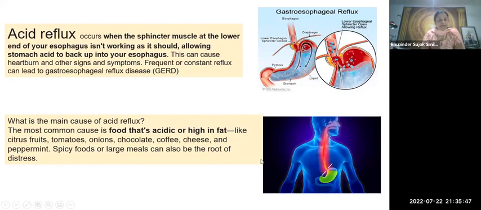So now, what is the main cause of acid reflux? The most common cause is food that is acidic or high in fat, like citrus fruits, tomatoes, onions, chocolate, coffee, cheese, and peppermint. Spicy foods or a large meal can also be the root of this disease.